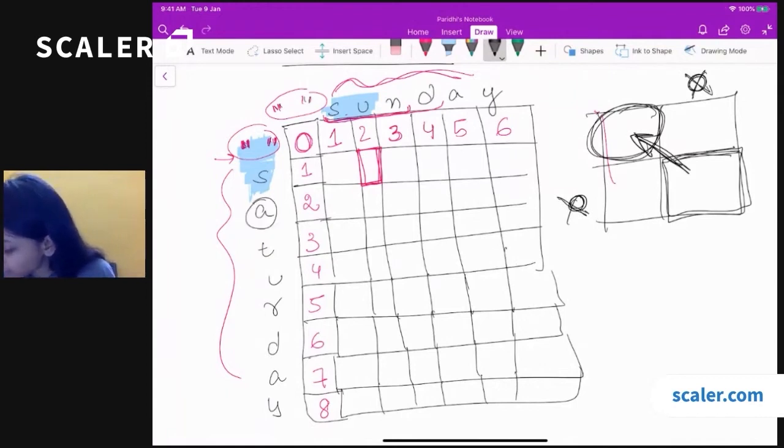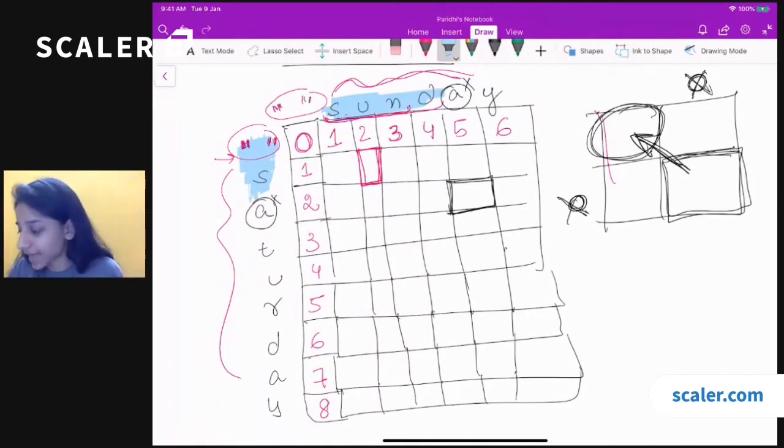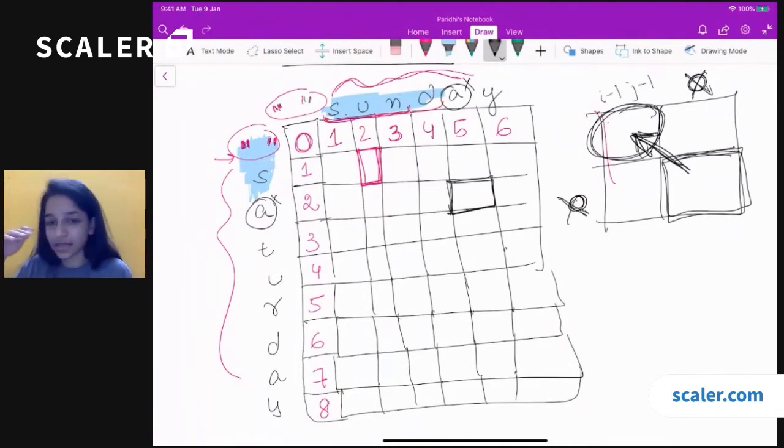This and this are the same, and the corresponding block is this. So we can ignore this and consider the result from till here and here. I hope it makes sense why we take this position if there is a match: i minus 1, j minus 1 when there is a match.